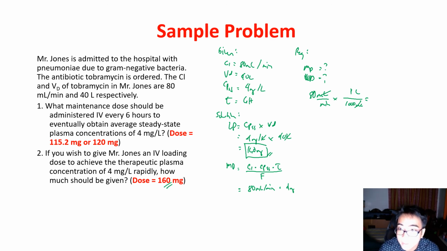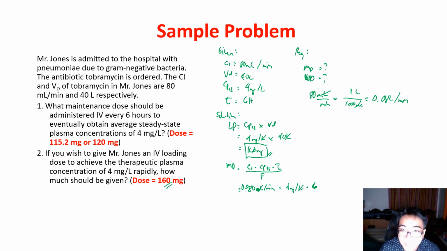You get 0.08 liters per minute. This is liters per minute times 4 milligrams per liter times 6. So cancel.